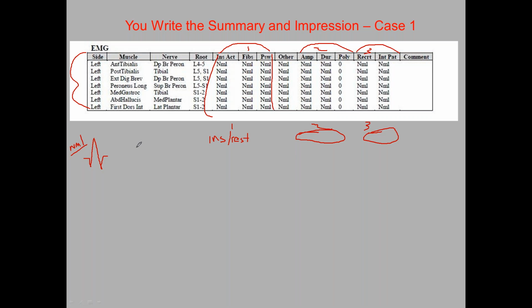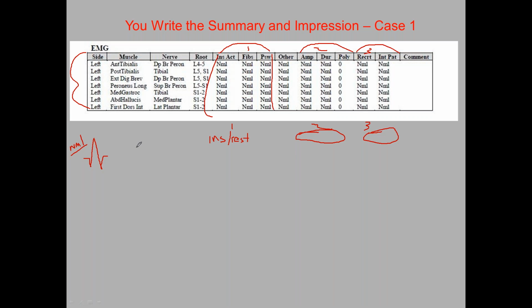And which are the first motor units that fire? Type 1s or type 2s? Type 1s. So when we initially ask a patient to give us a little effort when our pin's in the muscle, we should see typically type 1 motor units firing at a range of 5 to 12 hertz, and the amplitudes of those type 1 should typically be in the 500 to 1500 microvolt range.